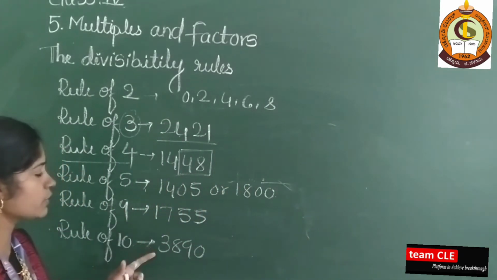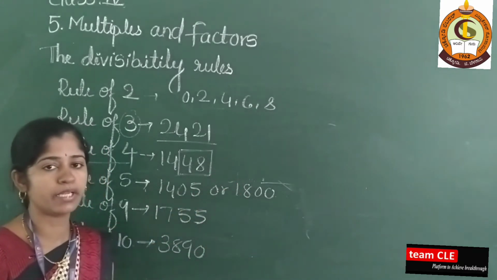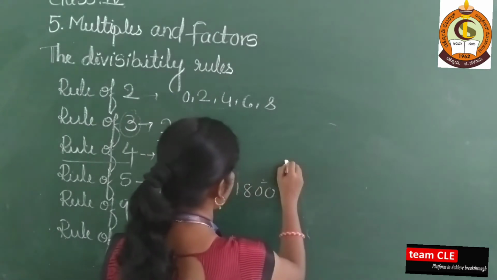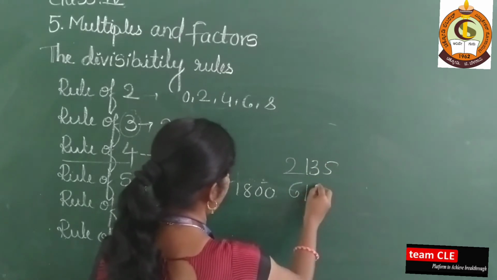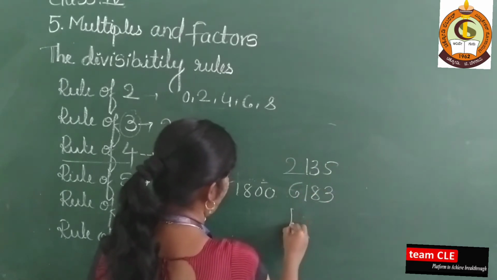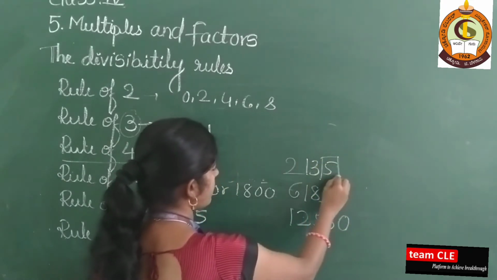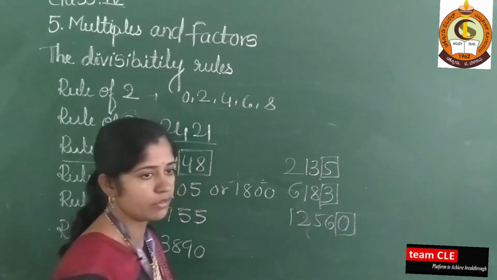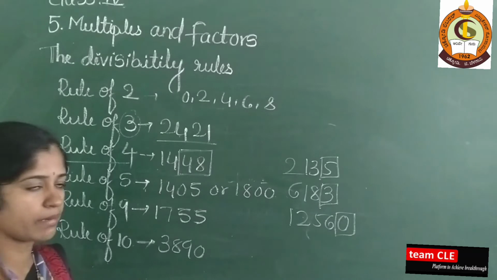Okay, see here, dear students, if 5 or 0 is in the ones place, it means that the number is completely divisible by 5. So let us see some examples. 21356183, 1256, 0. Just see, the ones place has 5 here, 3 here, 0 here. In the ones place 0 and 5 mean that the number is completely divisible by 5.